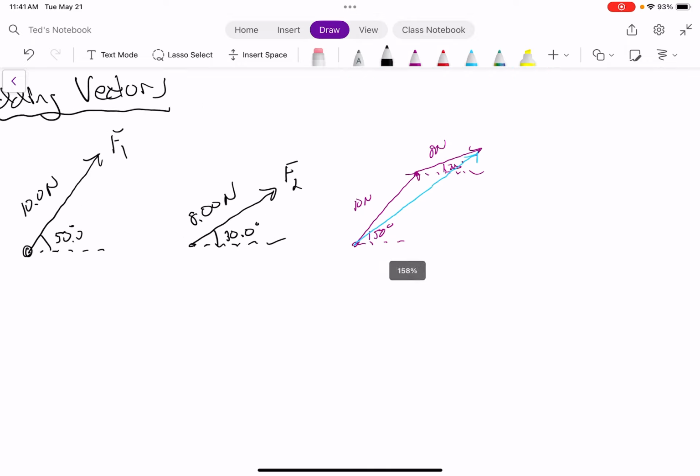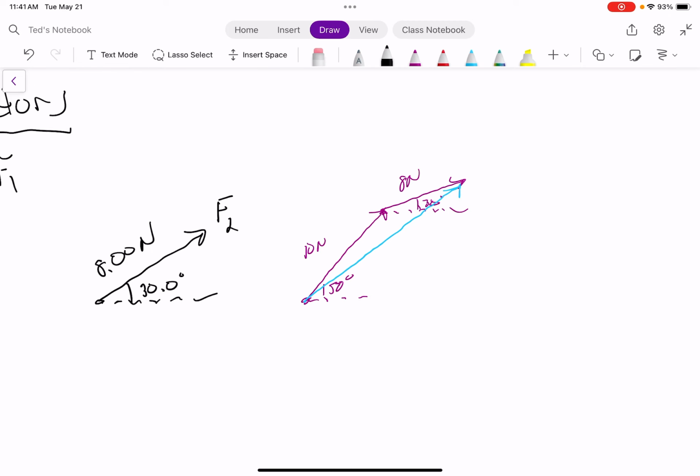So in the component method, what I want you to see in this picture is force 1 has a y component and an x component. So this would be f1x and f1y. Okay?